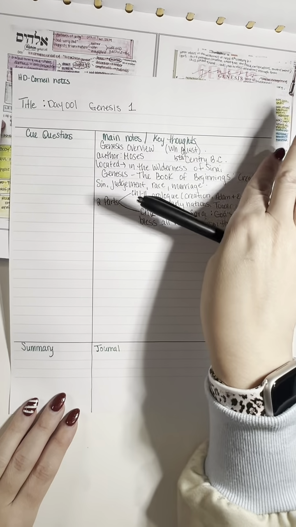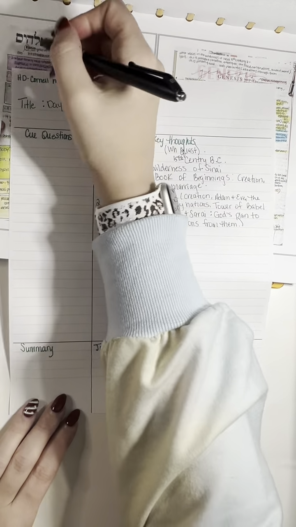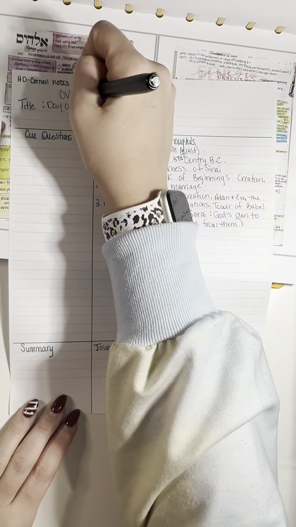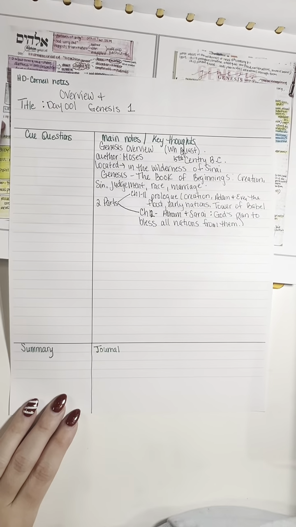Okay, so that is just a Genesis overview. So maybe we need to put in our title, overview and day 1 of Genesis.